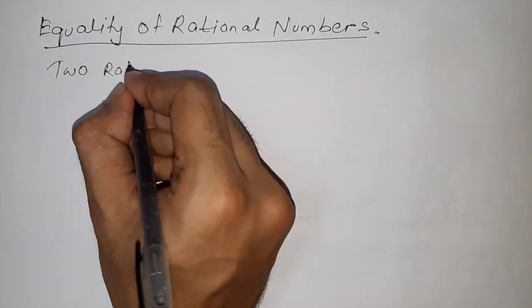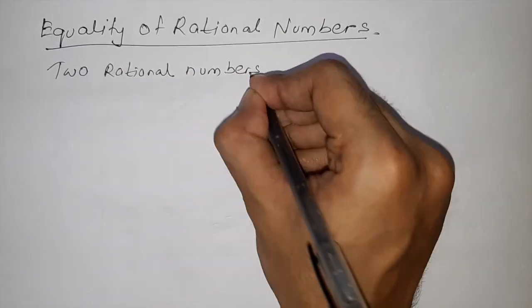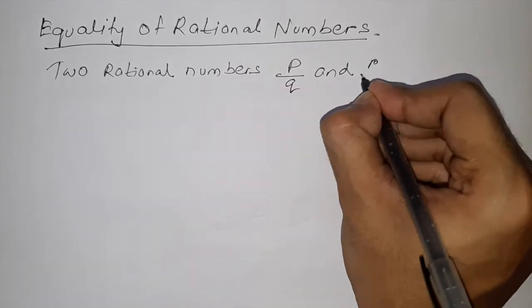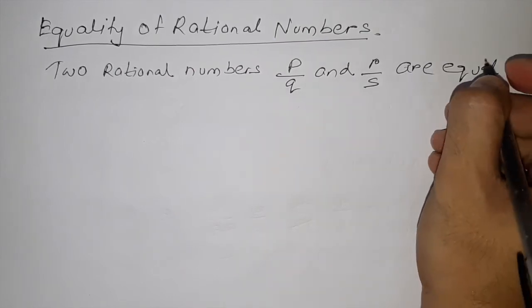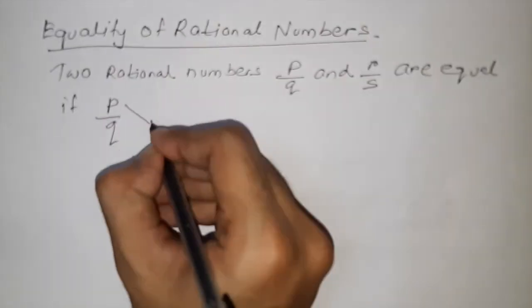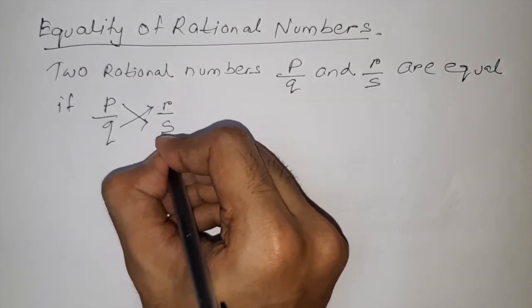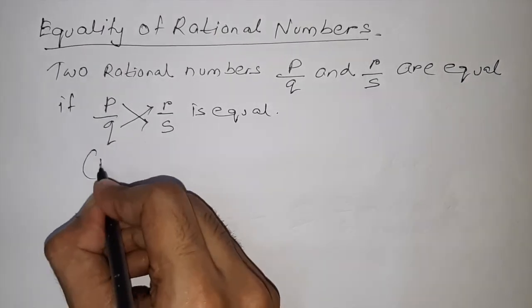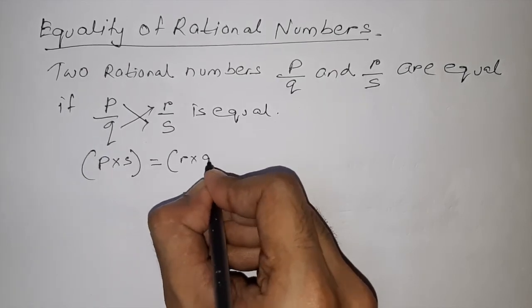Two rational numbers, say P by Q and R by S, are equal if P by Q cross multiplied with R by S is equal. That is, P into S equals R into Q.